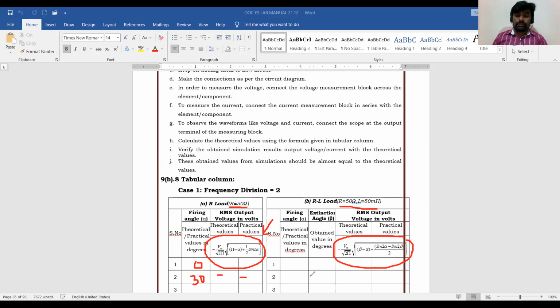So here take beta equal to 220 degrees, right? So for 50 Hz, 50 ohm and 50 millihenry, you will get 210 degrees as the beta, right? So you can calculate the RMS output voltage at 0 degree, 30 degrees, 60 degrees, 90, 120, 150 like this, right?